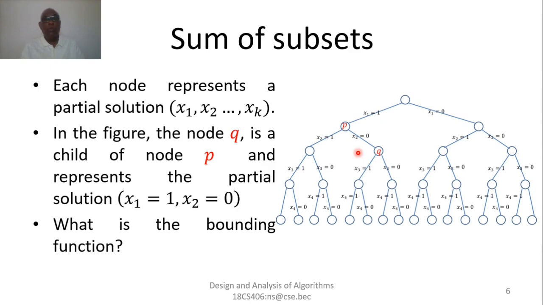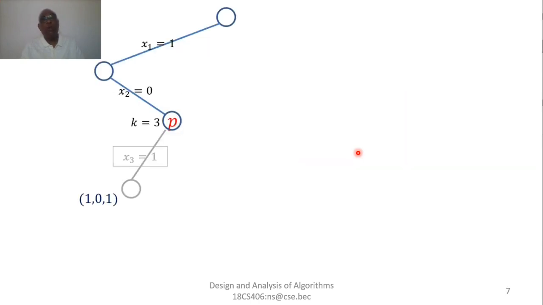So what is the bounding function in the sum of subsets problem? Let's take a typical scenario while constructing the state space tree. We assume that we started at the root node. We have chosen a value of x1 equal to 1, as a result of which this node is created. And then we have chosen x2 equal to 0, as a result of which this node is created.